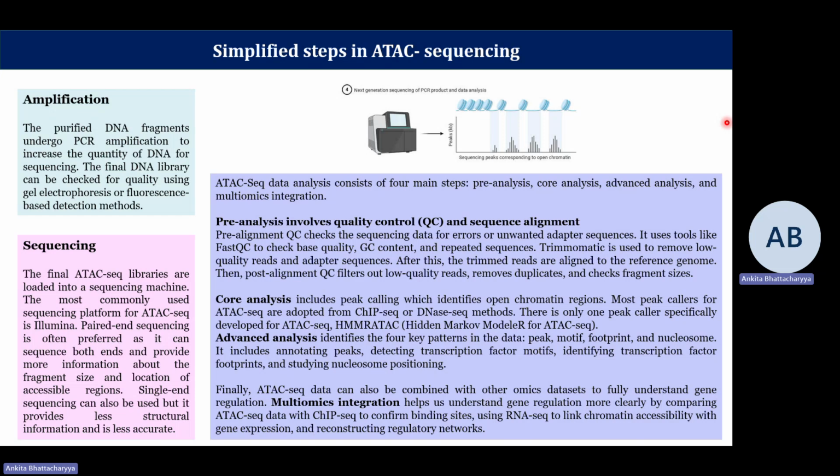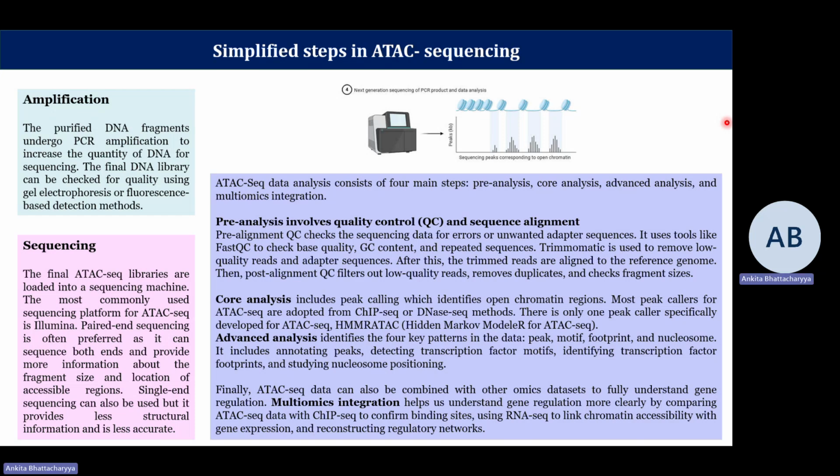Second are motifs, which are consensus regions able to recruit proteins at that site. Then you have transcription factor footprint, and finally the nucleosomal constitution. It includes annotating peaks, detecting transcription factor motifs, identifying transcription factor footprints, and studying the position of the nucleosome.